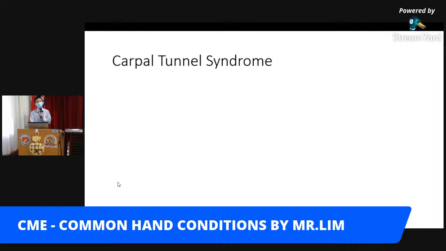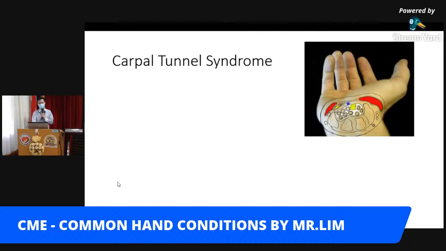Next, let's move on to the next common condition that we always see in the clinic, carpal tunnel syndrome. There's a tunnel in our wrist. All the tendons and nerves going to the fingers pass through this tunnel.